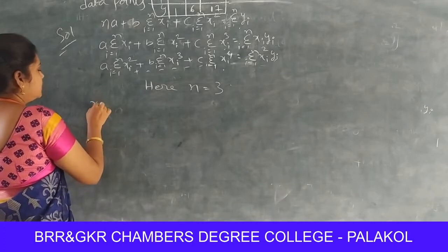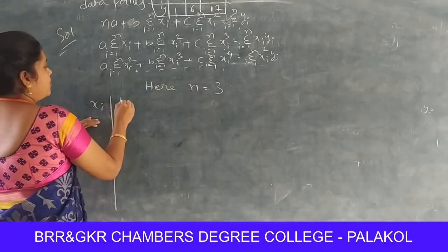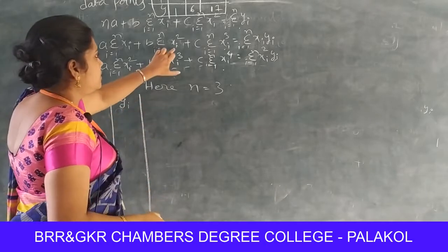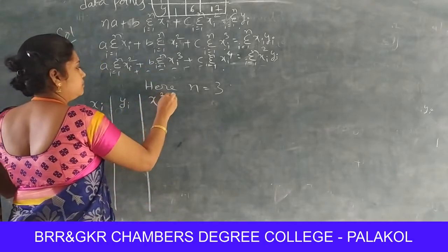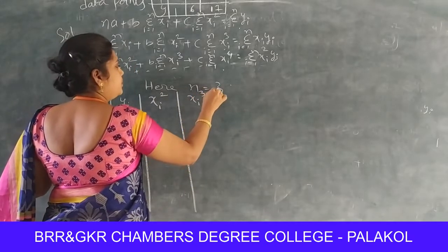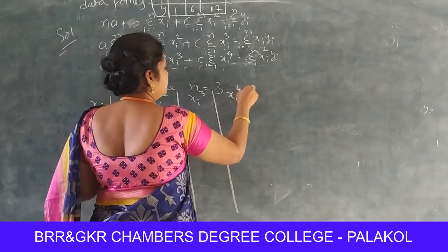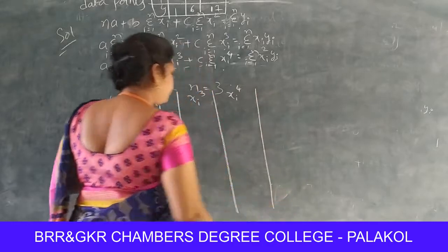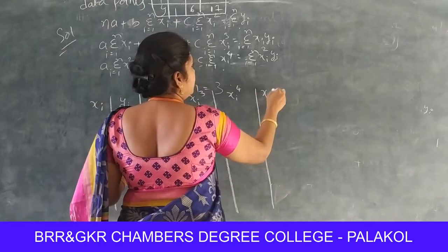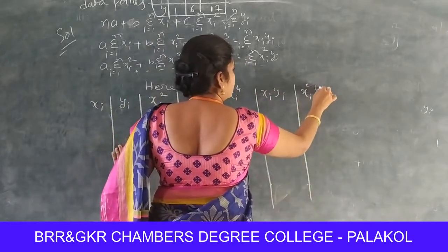First column is the ordinates xi, second column is yi, third column is xi square, fourth column is xi cube, fifth column is xi power 4, next column is xi yi and last column is xi square yi.